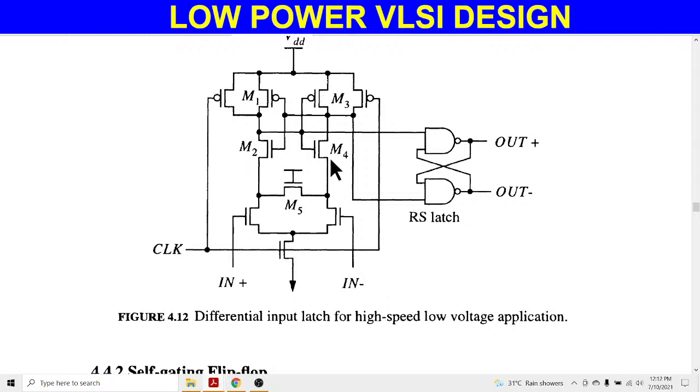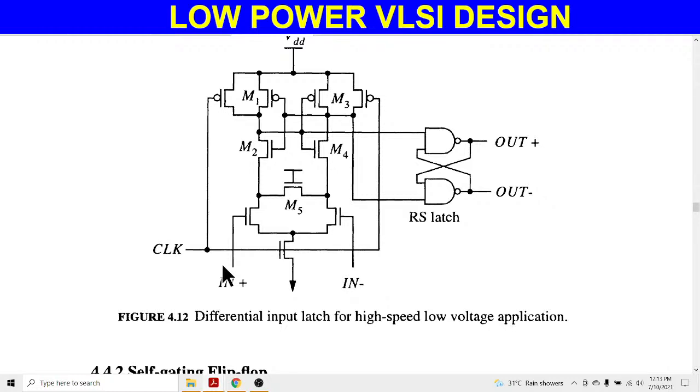Here M1, M2, M3, M4 are all in CMOS configuration. M1 and M2 are the MOSFETs connected here as a pair of cross-coupled feedback inverters. Here this M5 provides a current path to the ground, and it works when we provide the rising edge of input, meaning the NMOS works.